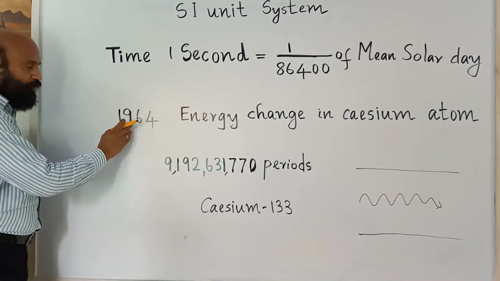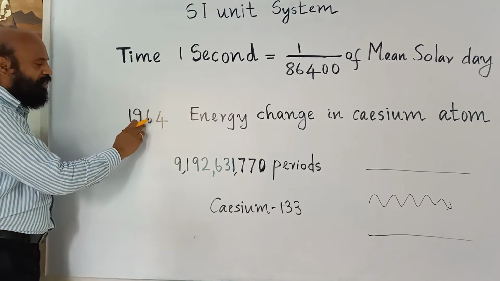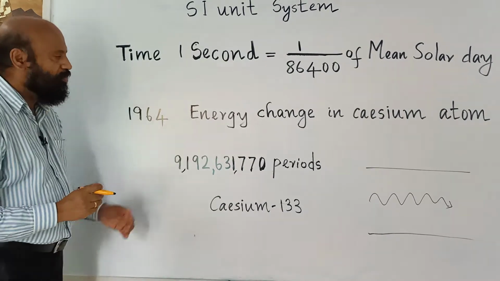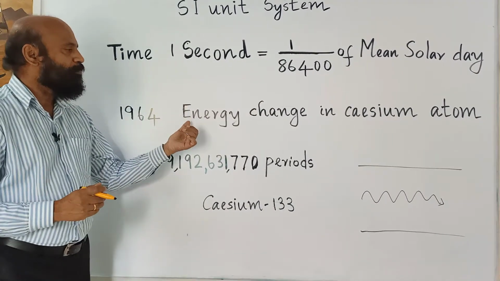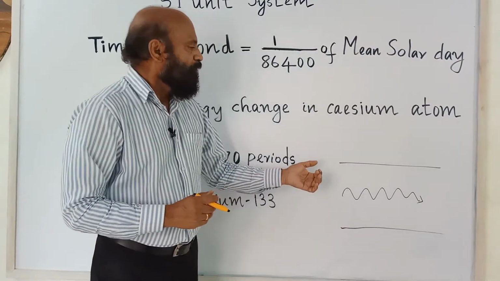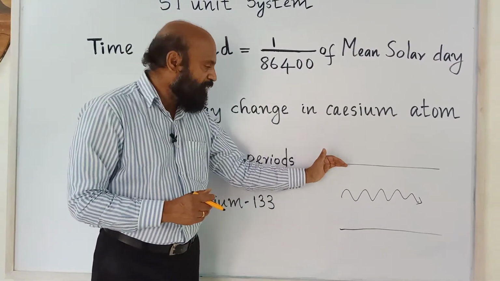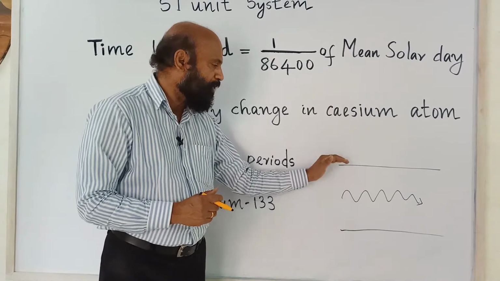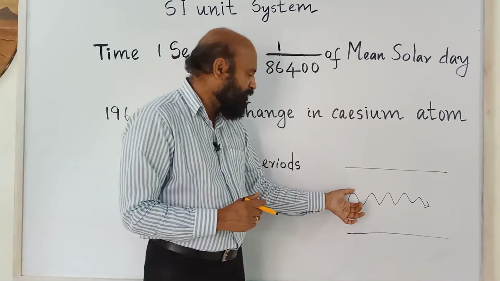That definition was revised in the year 1964. Now, definition is based on energy change in cesium atom. So, in the cesium atom, when there is a transition between two hyperfine levels, a radiation is emitted.